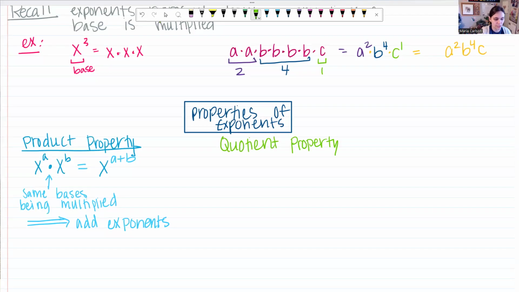So the quotient property tells me if I have some variable, actually, I'm going to do different variables for these. Some variable y raised to the b power, and we want to divide that by the same base, y raised to the a power. So I'm dividing these same bases.